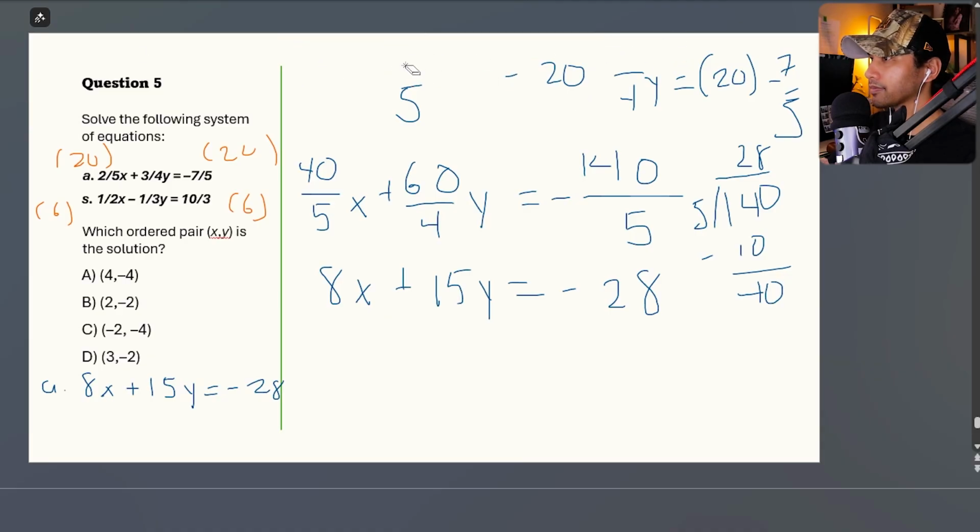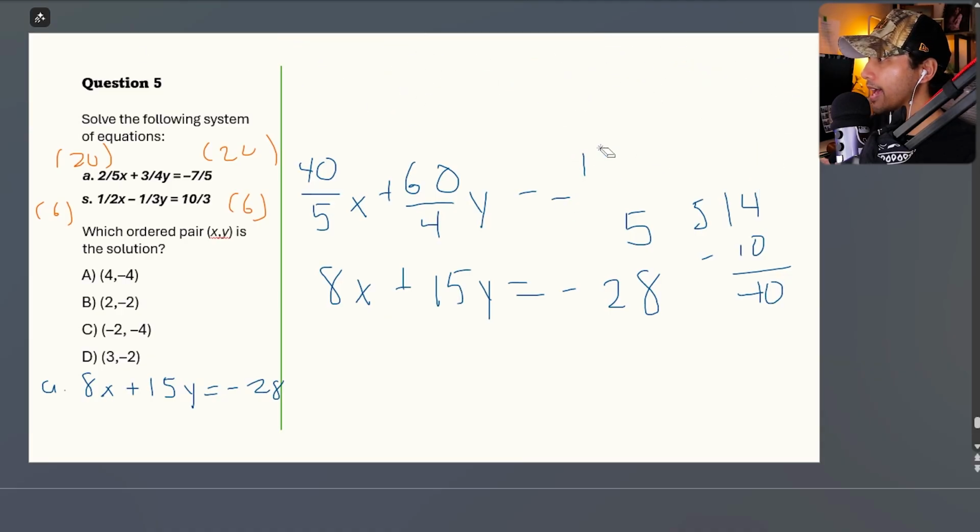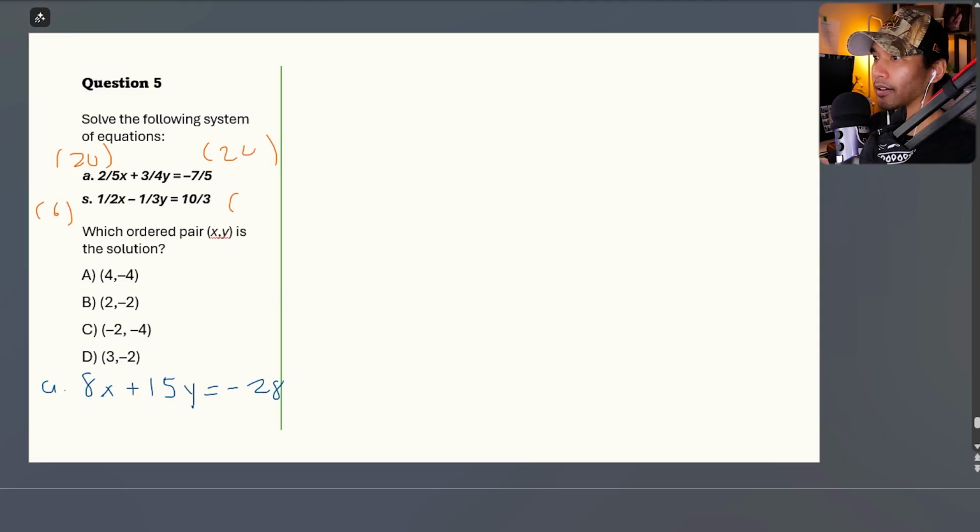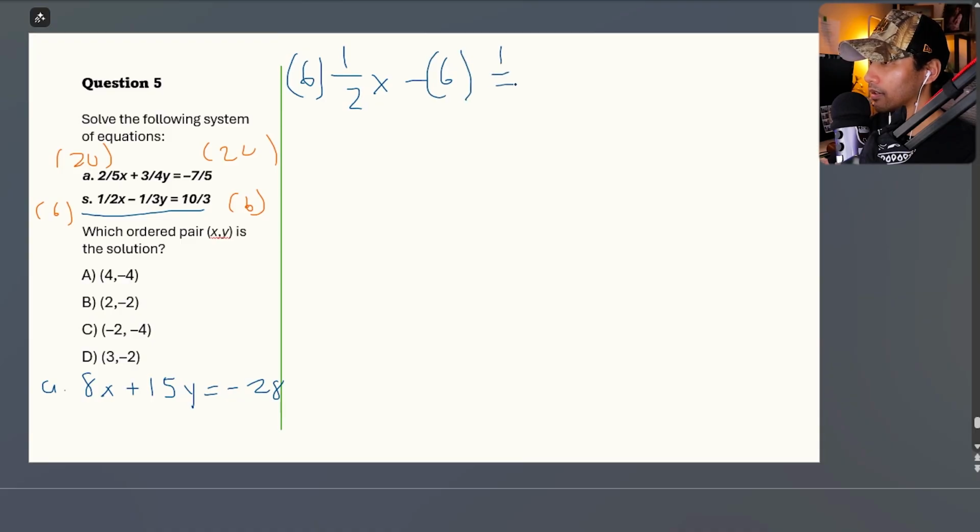All right. Let's go on to S. And I erased on accident this 6 here. And let's go ahead and multiply everything now in equation S by 6. One third y equaling 10 over 3.